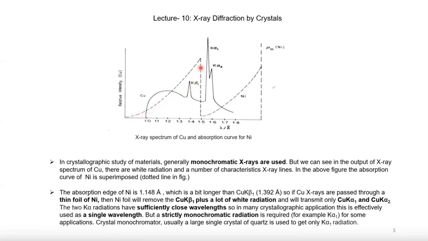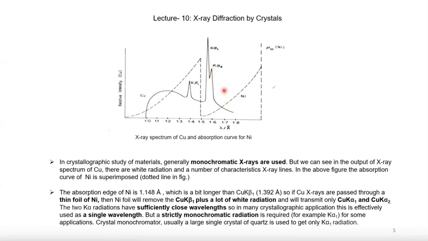Therefore, if we have a thin foil of nickel in the path where X-rays are passing, we will absorb the K beta 1, you can see, we can absorb the total K beta 1 plus a lot of background radiation or white radiation, thereby having only K alpha, both K alpha 1 and K alpha 2.